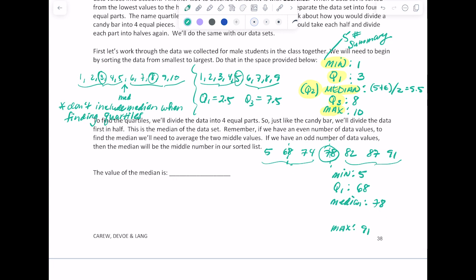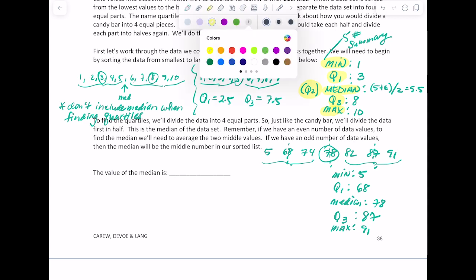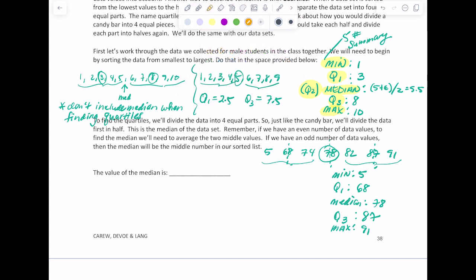And then to find my Q3, or my third quartile, that represents 75% of the data, and that would be the number 87. Okay, so that means 75% of the students scored 87 or less, and then 25% scored more than 87. Okay, but now if you look at the data, if I kind of color code it, it comes out to be 4 parts, right?